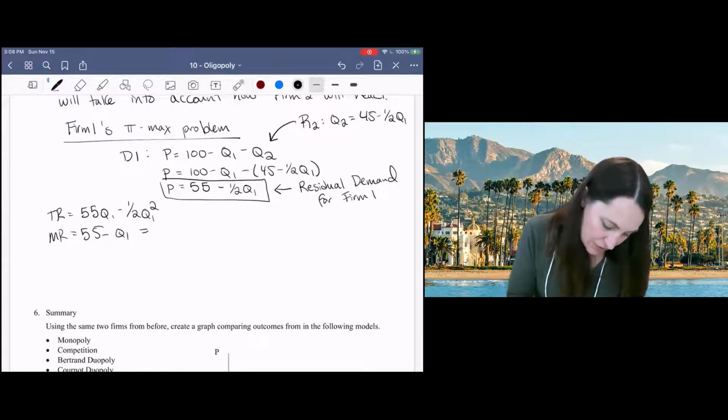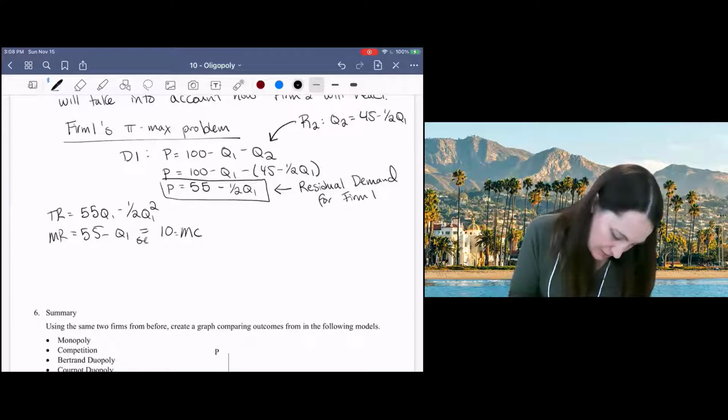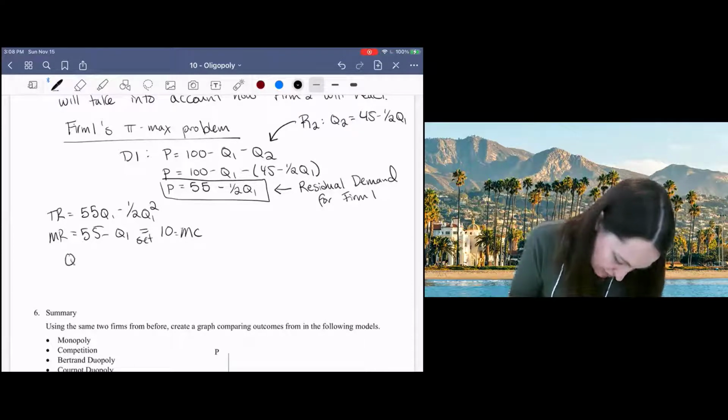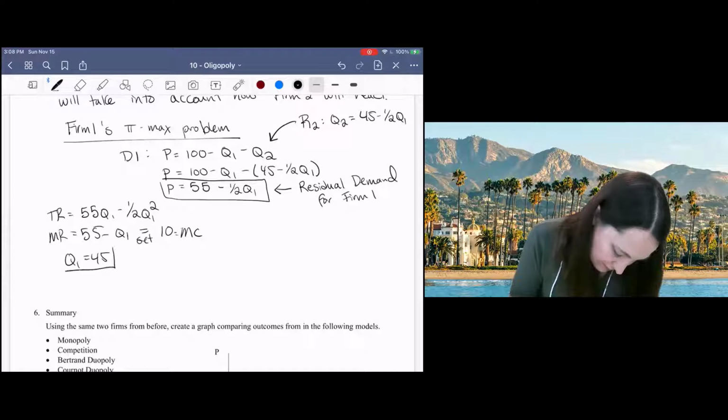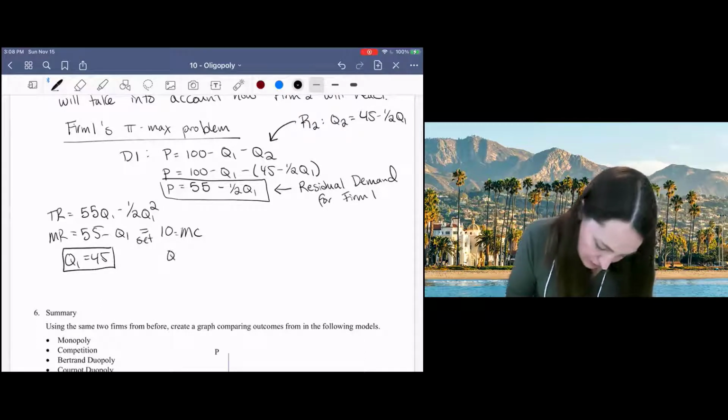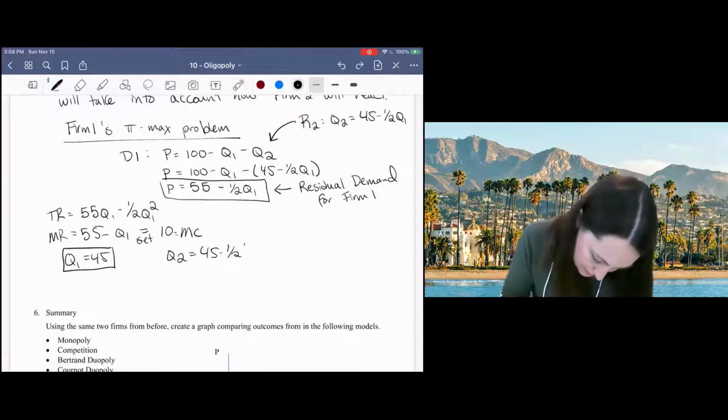Set that equal to marginal cost, and then solve: Q1 will equal 45. Firm two will observe that and then react. So Q2 will produce 22.5.